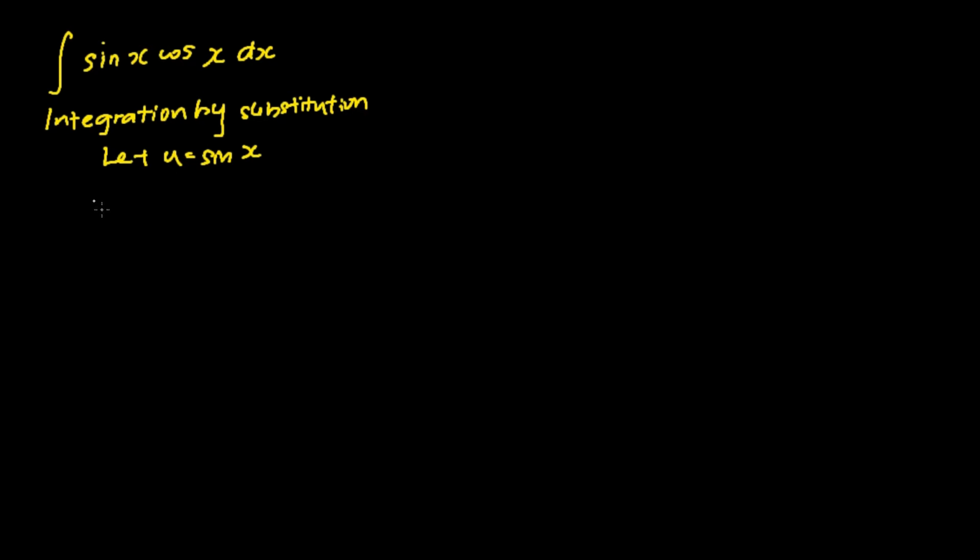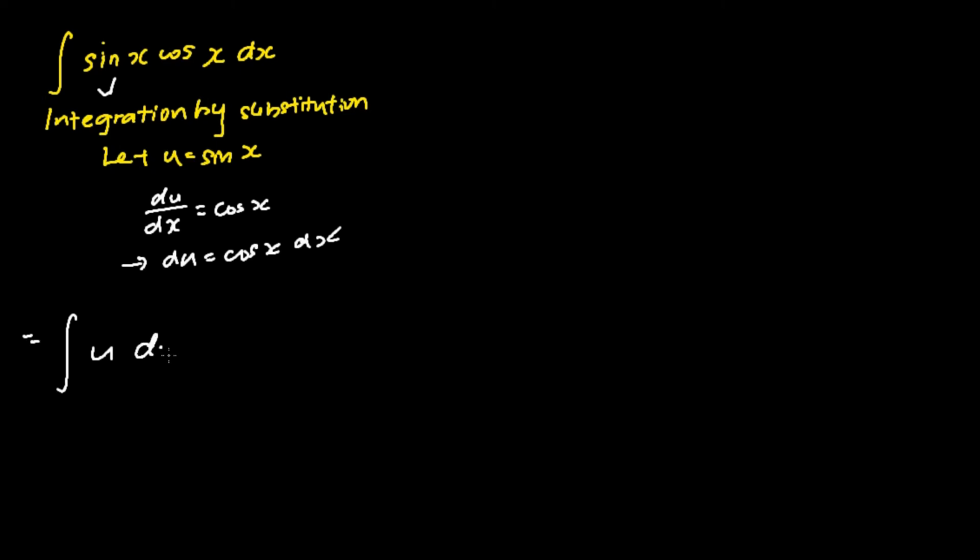This solution involves the integration by substitution, letting u is equal to sine x, and we differentiate u with respect to x. This gives us cosine x, in which multiplying both sides by dx we get du is equal to cosine x dx. Now my problem can be rewritten as sine x, which is u, and my cosine x dx as du.